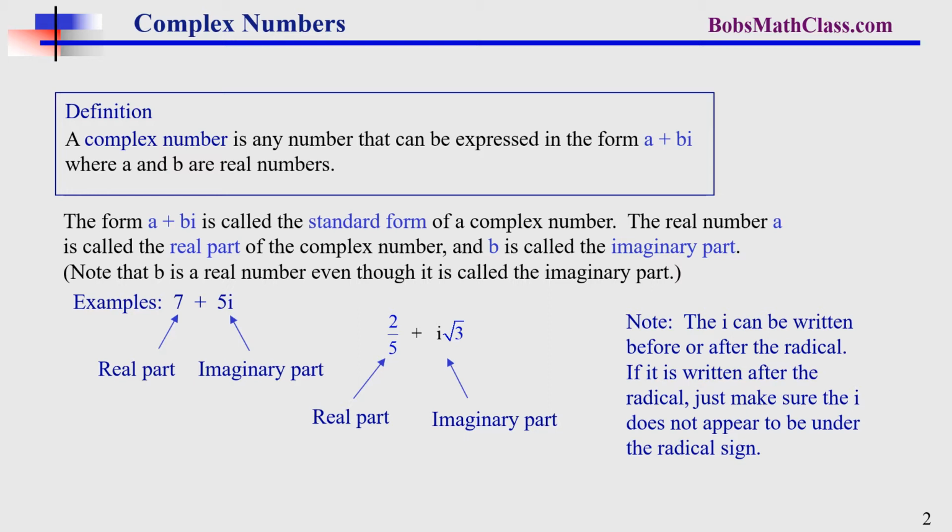If it is written after the radical, just make sure the i does not appear to be under the radical sign. So if you put it to the right of the square root 3, just make sure it's far enough away so that it's not underneath the radical. If you do write it that way, then the instructor could mark it wrong.